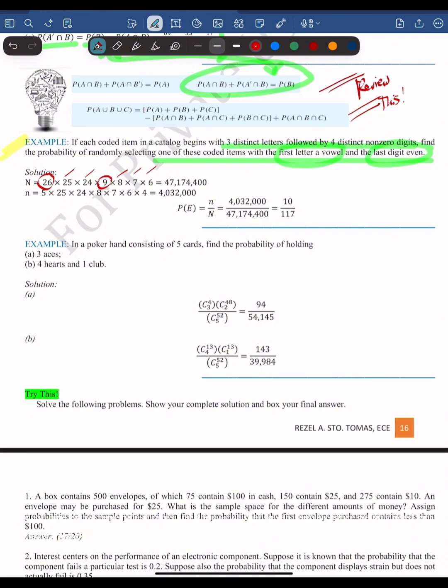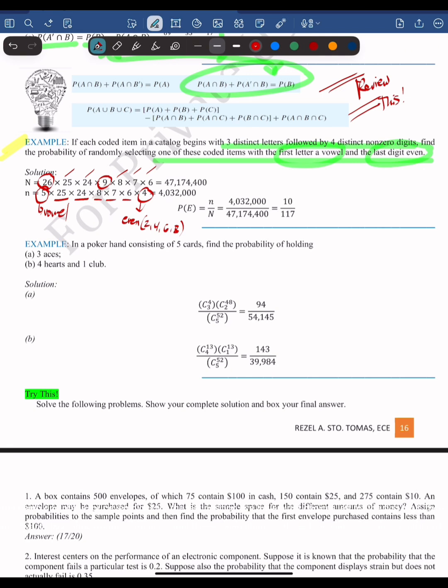Now for the favorable outcomes. The first letter must be a vowel, so we have 5 choices. After using one of the 5 vowels, we have 25 alphabets left, then 24. For the digits, after using one of the 4 even digits for the last position, we have 8 choices left for the first digit, then 7, then 6.